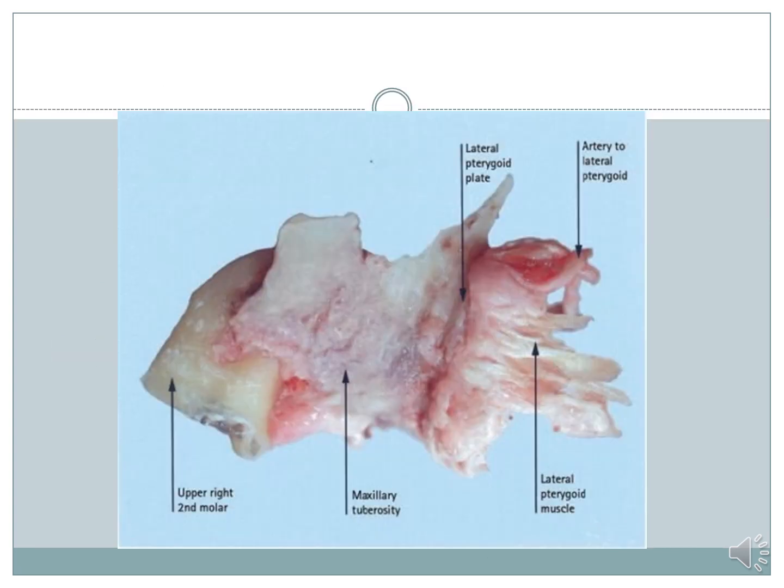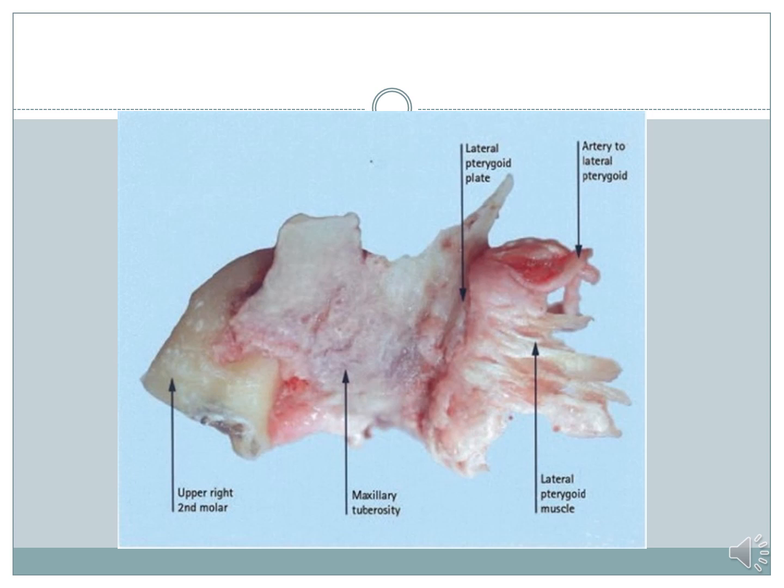So this is just to show you the picture of how extensive or how traumatizing it can be when you are overzealously extracting the maxillary impacted tooth or maxillary teeth for that matter, when you are using extremely violent force to take it out. See, the tooth is taken out along with the maxillary tuberosity.